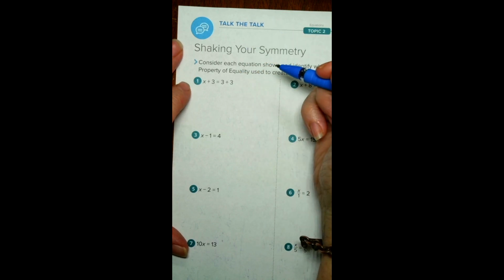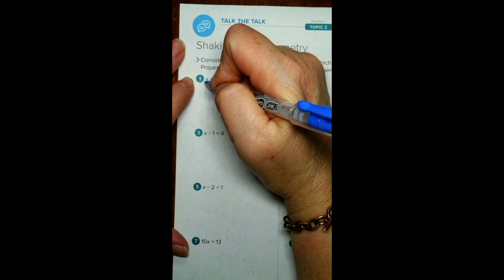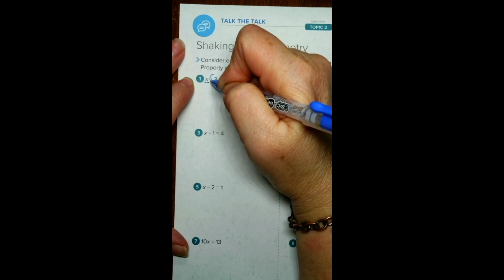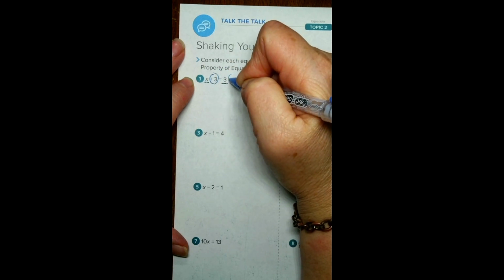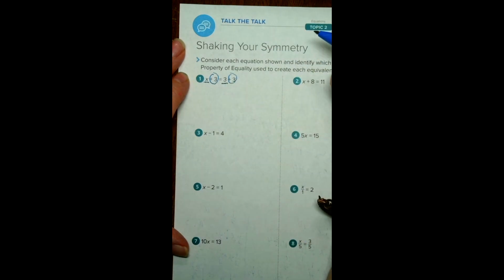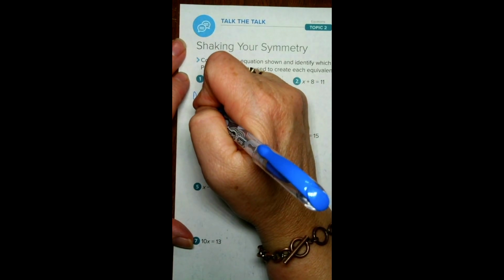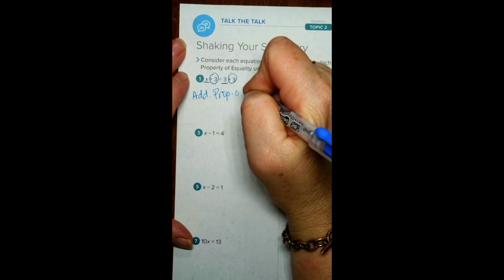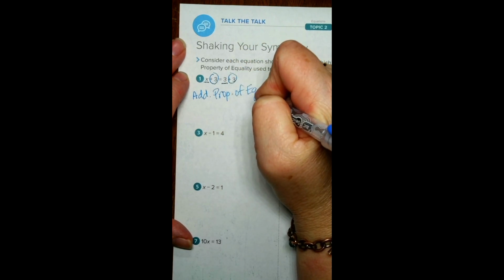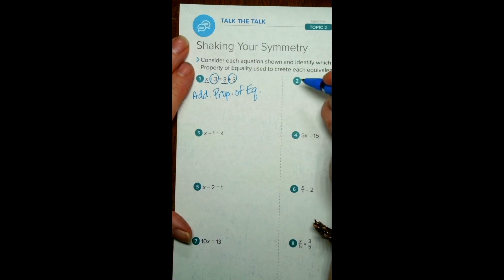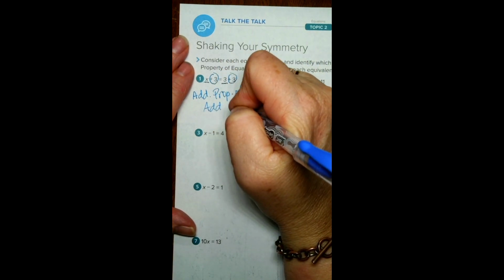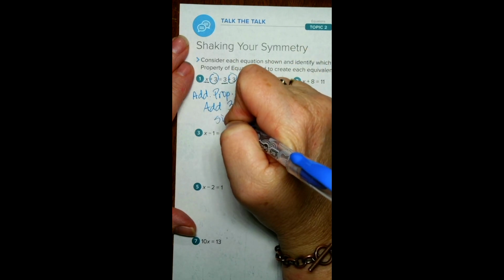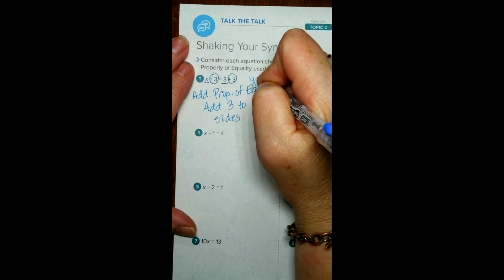So we're looking for x equals 3. So here's an x, and here's the 3. The thing that's remaining, these are both adding a 3 to it. So this is the addition property of equality. And it adds 3 to both sides. So this one is a yes.